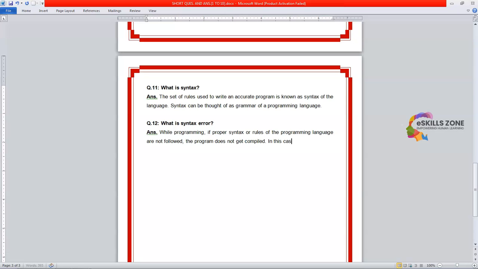In this case, the compiler generates an error. This kind of errors are called syntax errors.